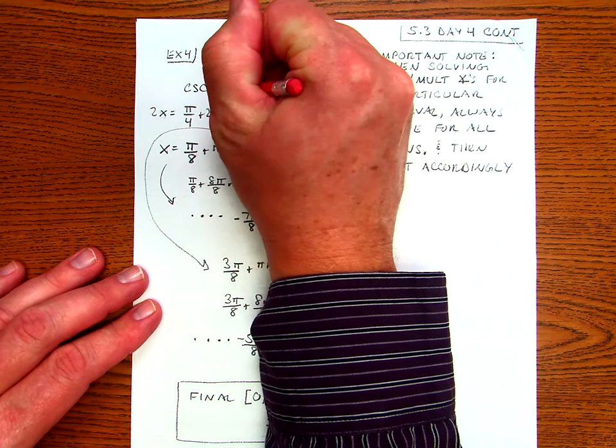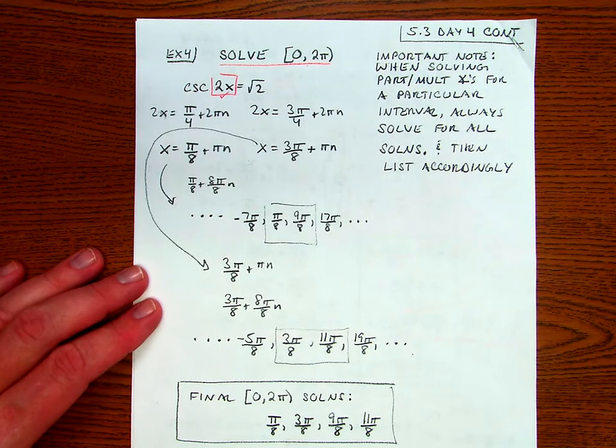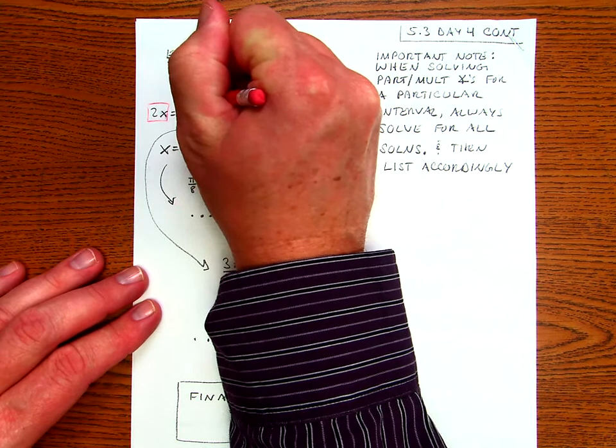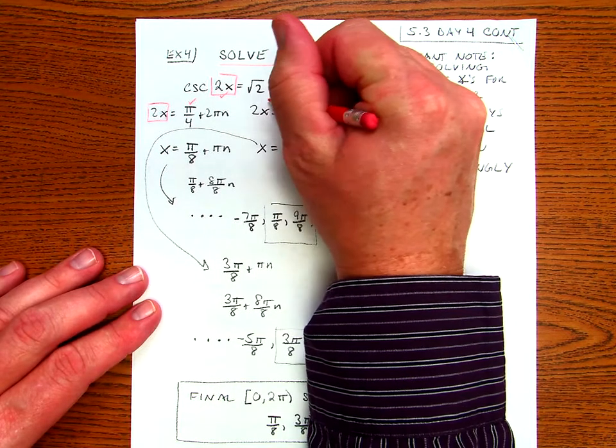Cosecant of what angle is root 2? Now, if you want to, you can convert this over to a sine equation, but it's a relatively basic cosecant one. If you're comfortable solving it as a cosecant, then go with it. So, in the 0 to 2 pi interval, that happens twice, at pi over 4 and at 3 pi over 4.